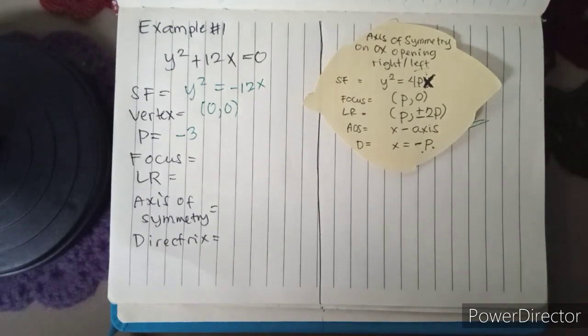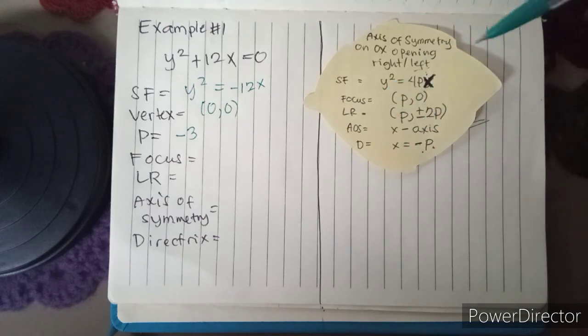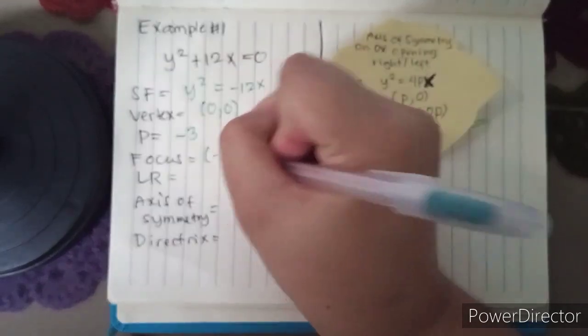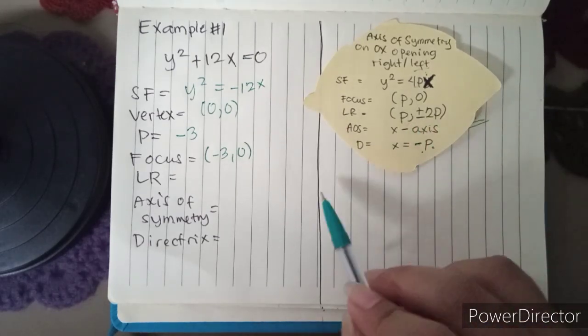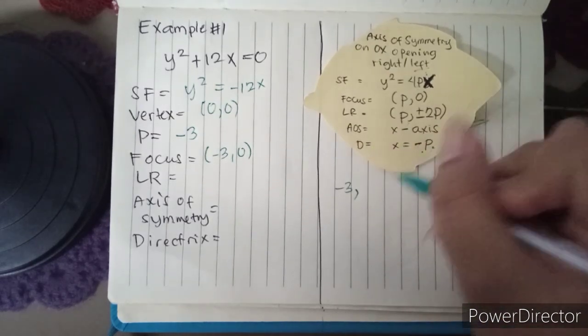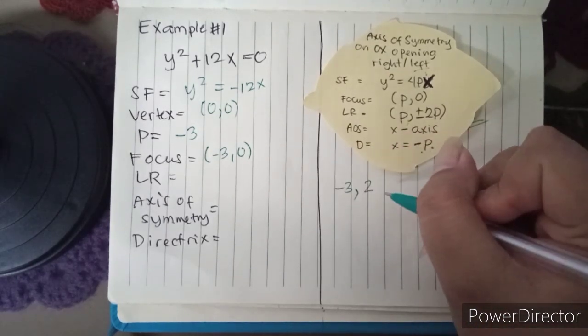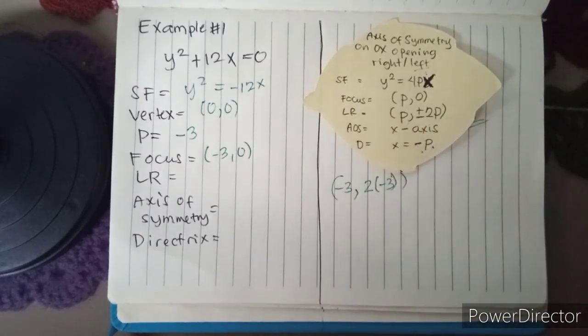Okay, since we already have the value of our P, pwede na natin substitute yung value nyo dito sa ating focus at itong the rest. So, for the focus, we have P, 0. So, our P is -3, then 0. Then, doon tayo sa kabila. So, we have P for the latus rectum. So, we have P which is -3, positive daw na 2, then multiply the value of P. Okay, so yan yung unang ordered pair.